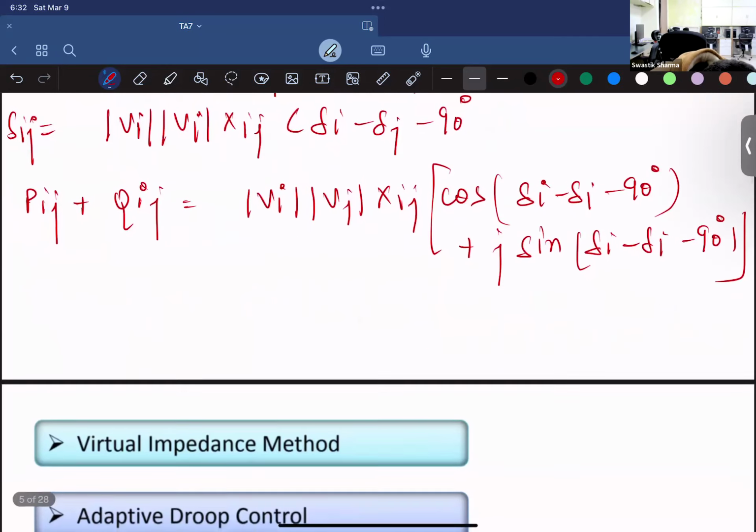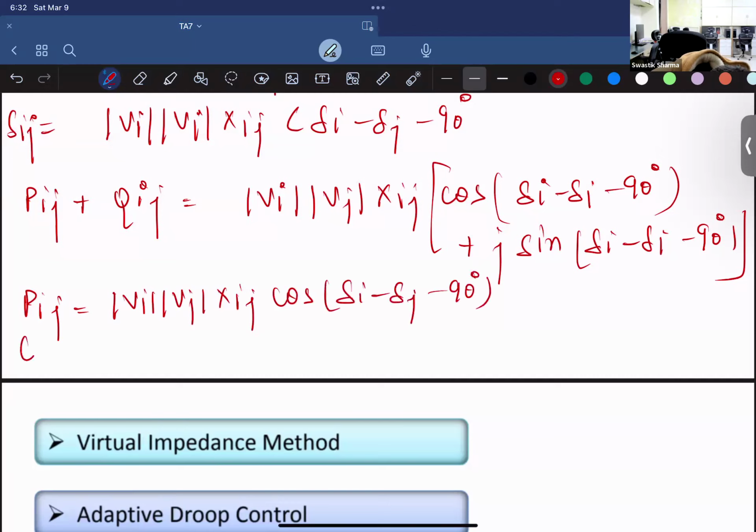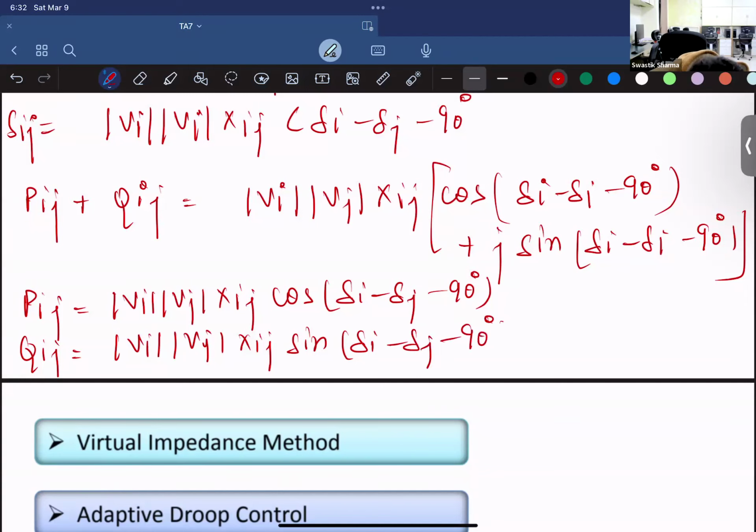Right? So Pij is what? Vi, Vj, Xij cos of delta I minus delta j minus 90 degrees. And Qij is what? Vi, Vj, Xij sine of delta I minus delta j minus 90 degrees.